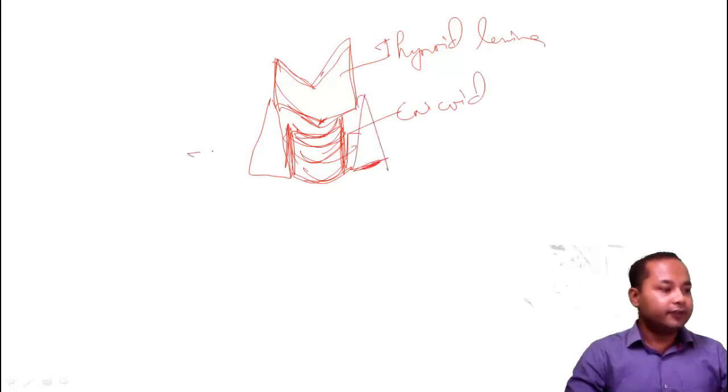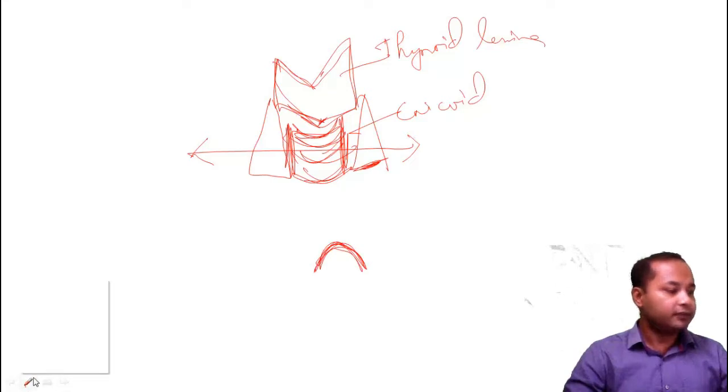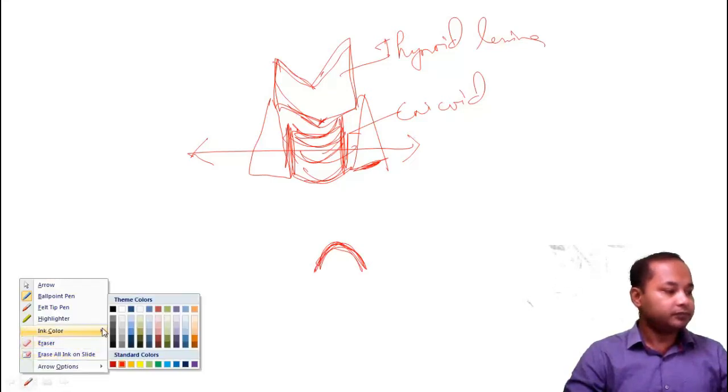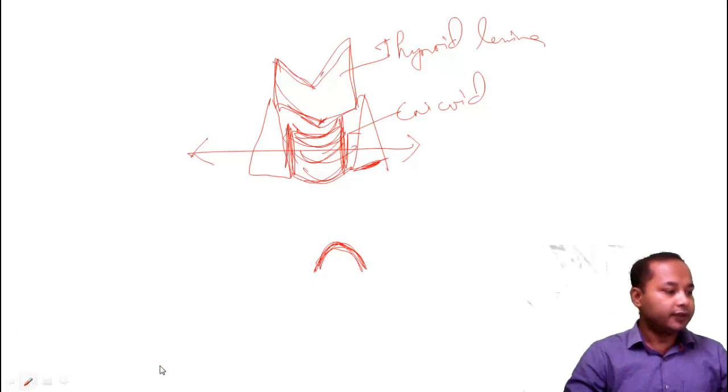Okay, if you take a section at this particular level, then what you will find here is that this is the lamina of the thyroid and cricoid cartilages, and on either side of it you will find the gland. You will find the gland in this form, this one. Okay, so what it basically has, it has got three surfaces.